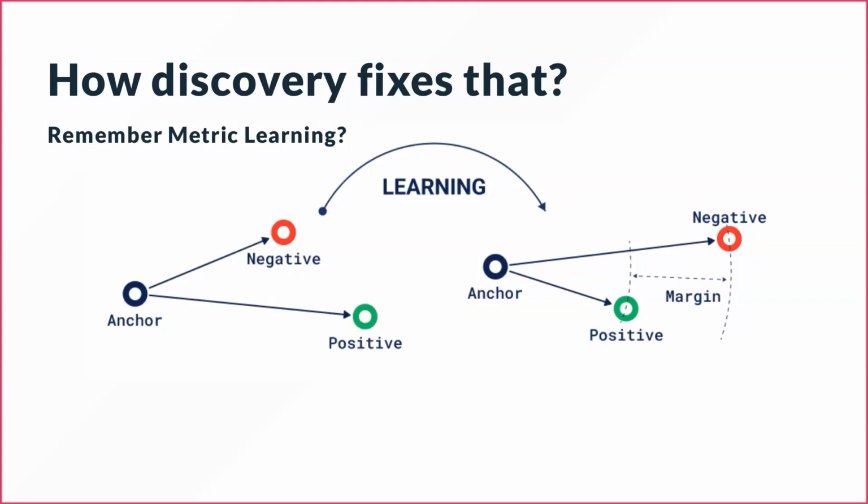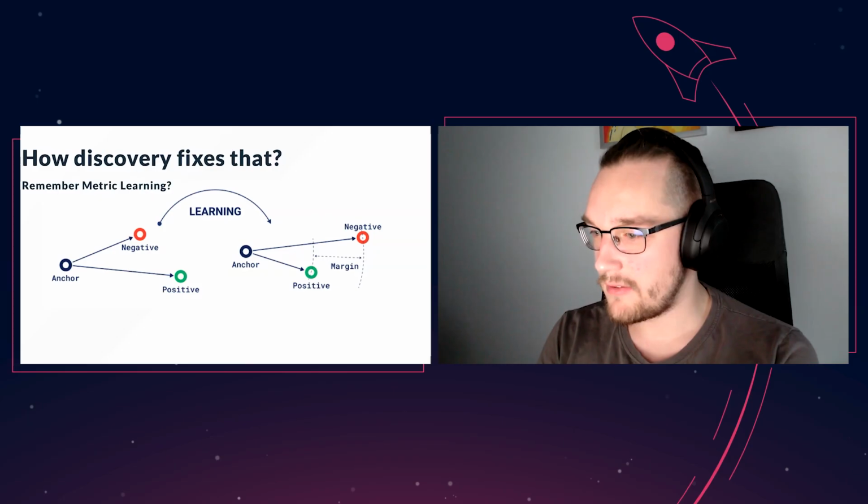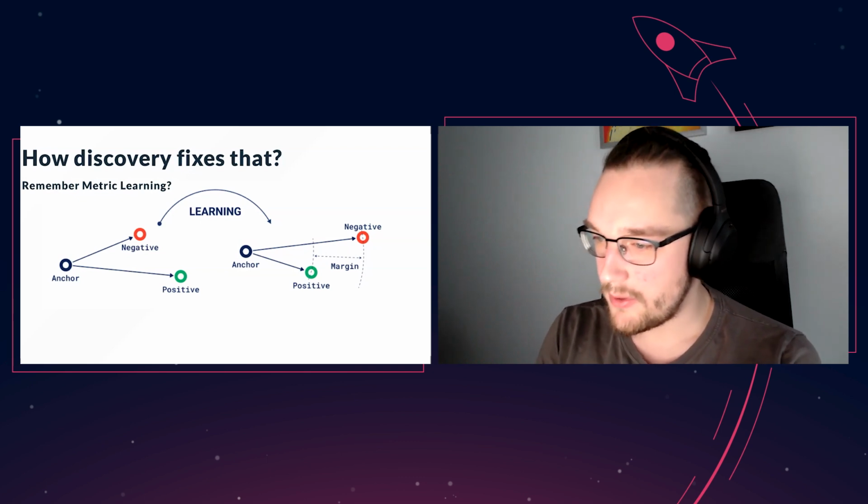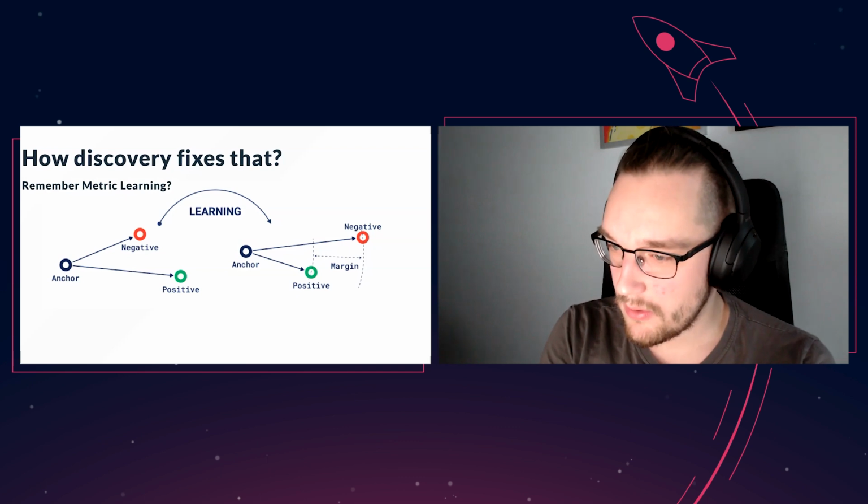So what we did, we actually took inspiration from the loss which is used to train metric learning models and adapted it to the case where we already have a trained encoder, but we do not have all the components of this.